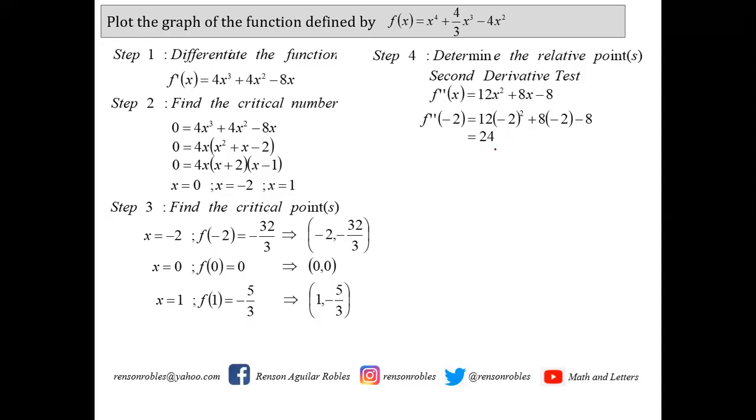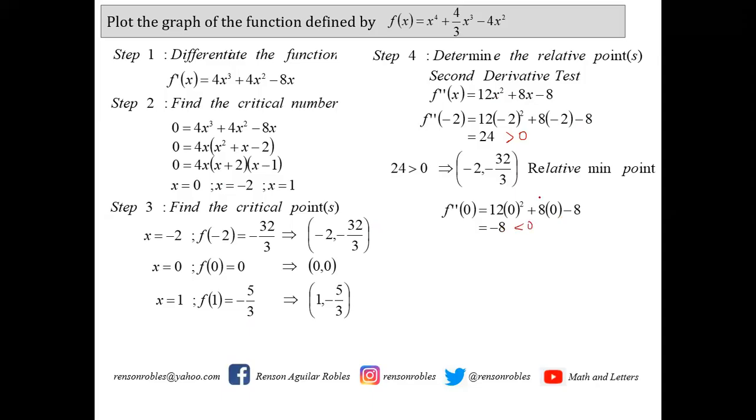Since 24 is greater than 0, this negative 2, negative 32 over 3 is a relative minimum point. Okay, the next, f double prime of 0, we have 12 times 0 squared plus 8 times 0 minus 8 is equal to negative 8. And since this is less than 0, the point 0, 0 is a relative maximum point.